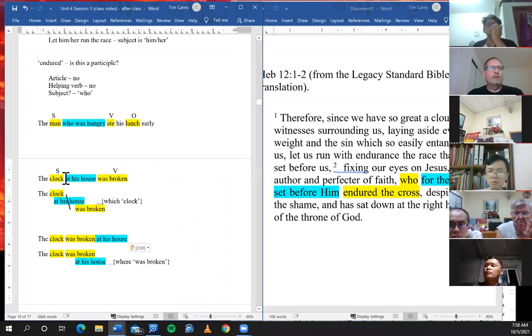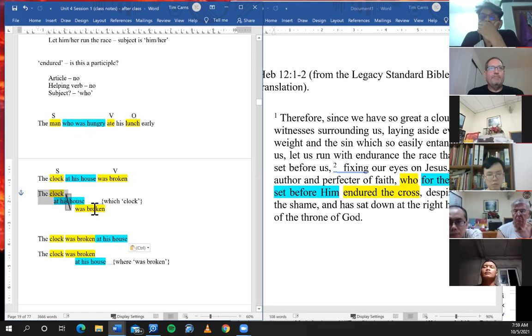But here I just want to explain to you that at times phrases or clauses can be inserted inside of another clause. And that's often done because the author wants to clarify what he's modifying. So again, in the first sentence, the clock at his house was broken. The phrase modifies the clock.